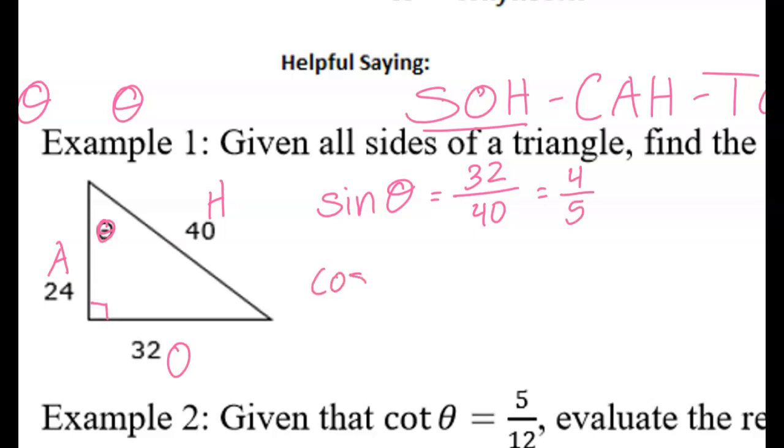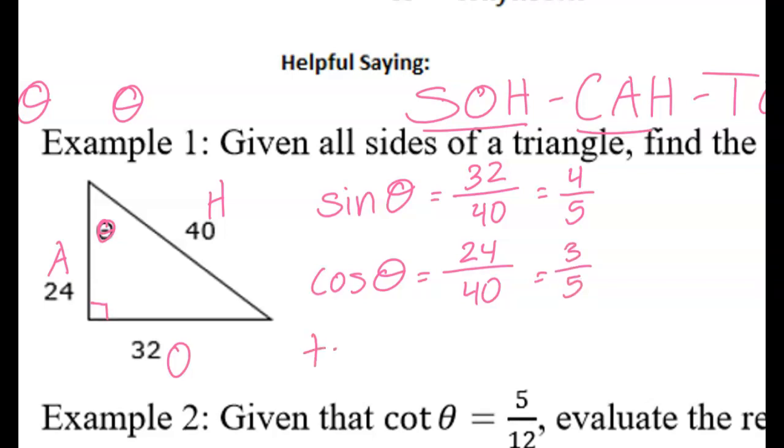Then we do cosine of theta. Cosine is CAH, adjacent over hypotenuse. Our adjacent length is 24, and our hypotenuse again is 40. What can this simplify down to? Yes.